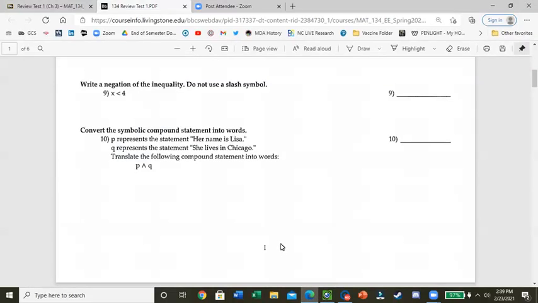The next, convert the symbolic compound statement into words. P represents her name is Lisa. Q represents she lives in Chicago. So P and Q, if we're looking at it like this, P, her name is Lisa. And Q, she lives in Chicago.